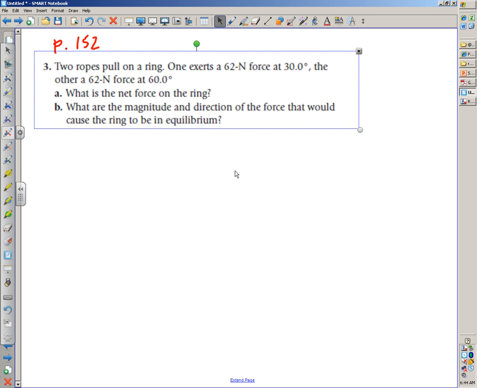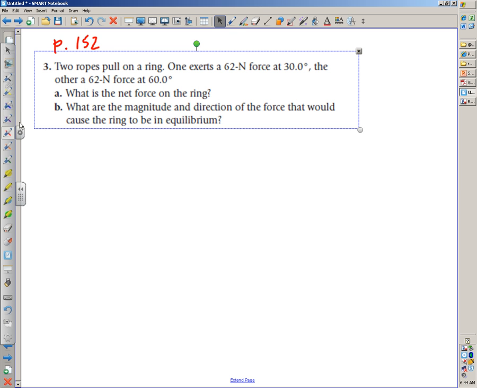So it says, two ropes pull on a ring. One exerts a 62 Newton force at 30 degrees, the other a 62 Newton force at 60 degrees. So two questions here. What is the net force on the ring, and what are the magnitude and direction of the force that would cause the ring to be in equilibrium?